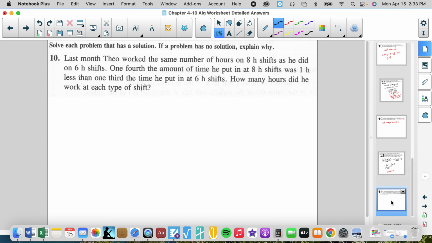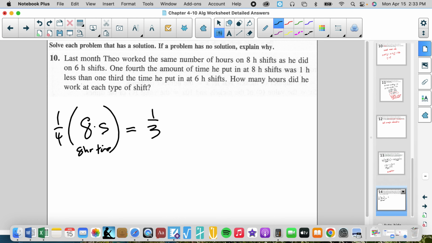So same number of 8-hour shifts, so 8 hours times the number of shifts. 1/4 of that time was 1 hour less than 1/3 of the time he put in at the 6-hour shift.